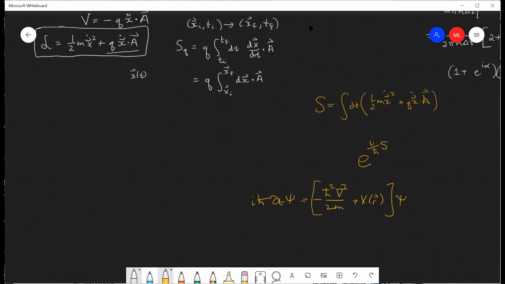If you think about what this is, this is a partial differential equation, right? There's spatial derivatives and there's a time derivative.